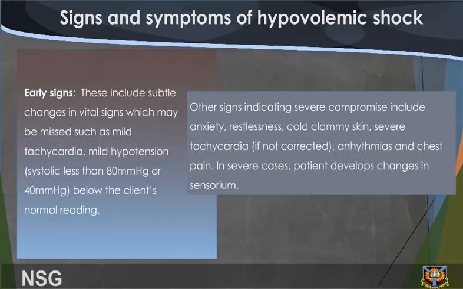Other signs indicating severe compromise include anxiety, restlessness, cold clammy skin, severe tachycardia if not corrected, arrhythmias and chest pain. In severe cases, the patient develops changes in sensorium.